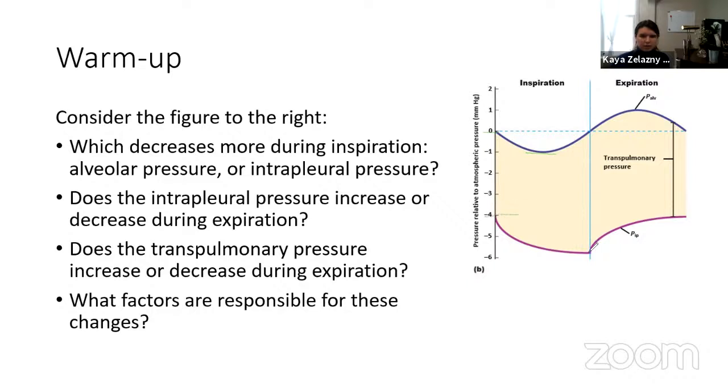We went from -4 to almost -6. So looking at this graph, we can see that the changes to the chest wall during inspiration that help us breathe in have an even greater effect on the intrapleural pressure than they do on the alveoli themselves, which kind of makes sense, because it's this intrapleural pressure that is essentially exerting the force on the alveolar pressure.